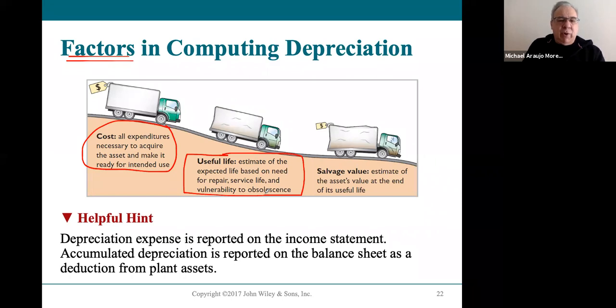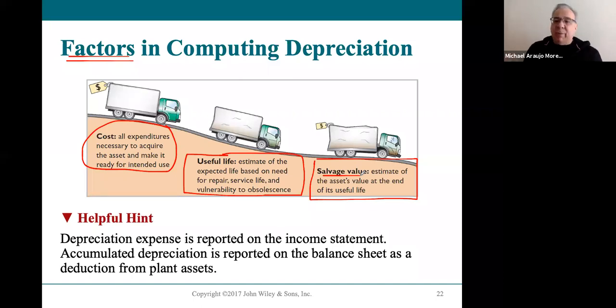And then the third question that you haven't heard about yet is when we're done using it, will it have something called a salvage value? Some books call it a residual value. But when we're done using this asset at the end of its useful life, will it have any value left in it? Now, some assets will.